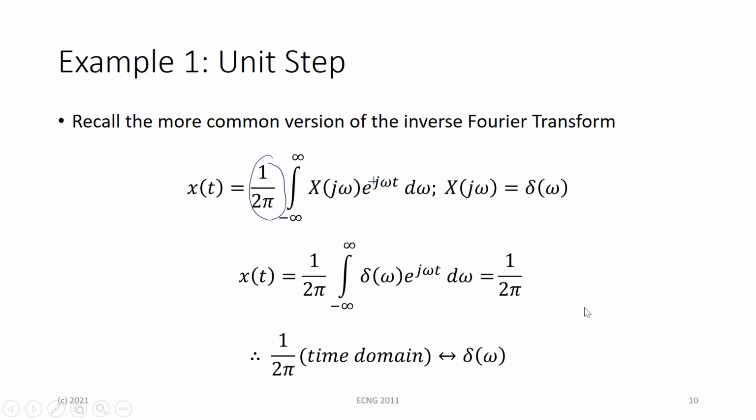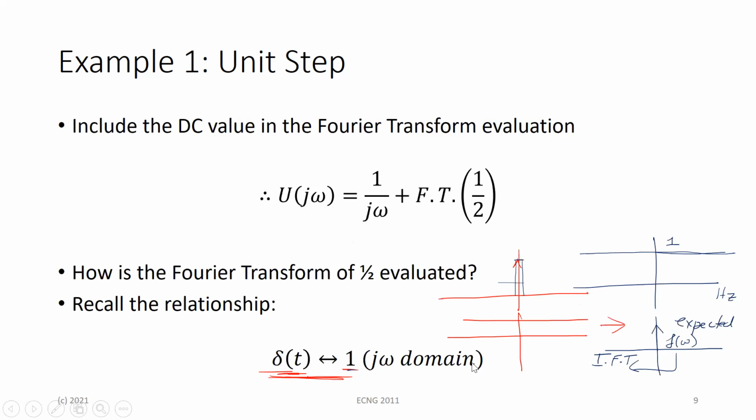If you go through that, you see that if you have a constant in time, and the constant happens to be 1 over 2 pi, you get an impulse in frequency. So a constant amplitude of 1 over 2 pi in time gives me a delta omega, an impulse in frequency at the origin.